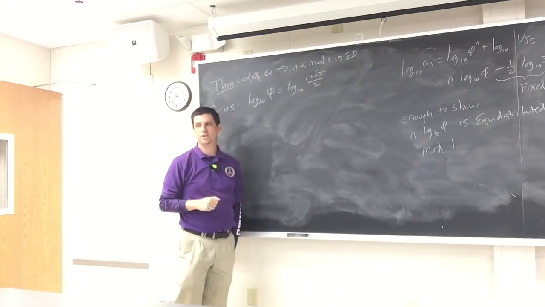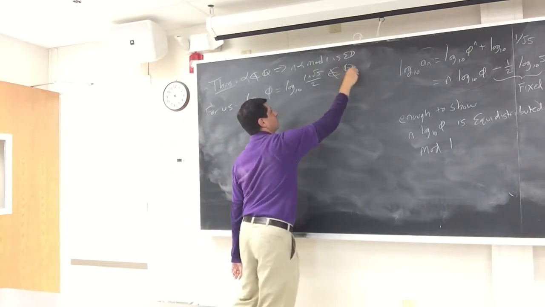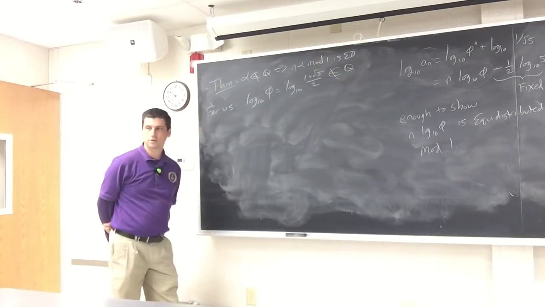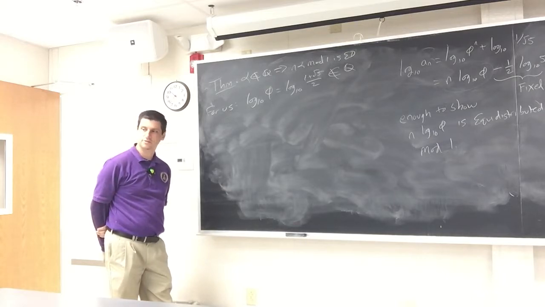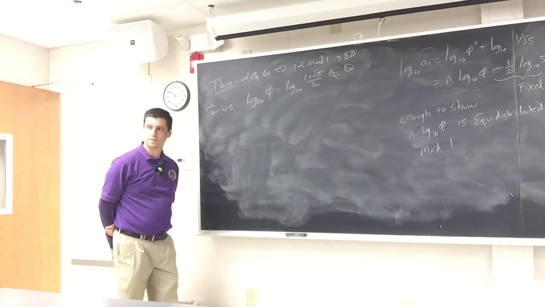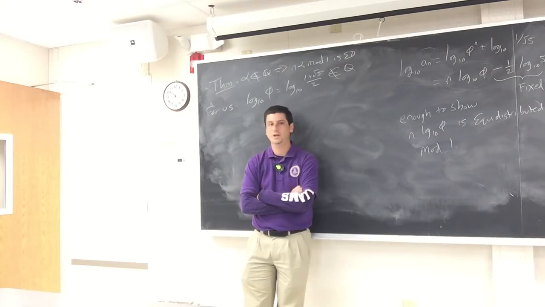We want to show that that's not rational. All right? Any thoughts as to how you would show it's not rational? So we want to show that the log of the golden mean is irrational. And then we can use that big theorem.